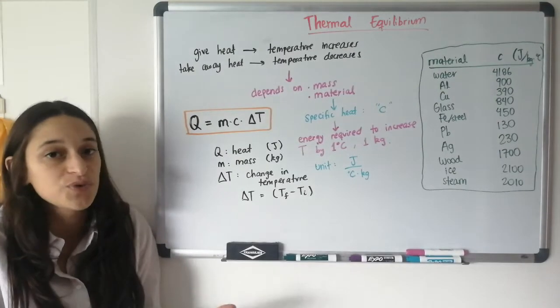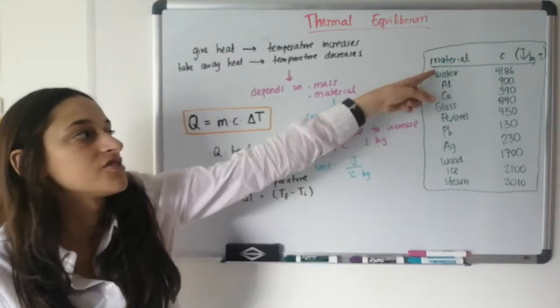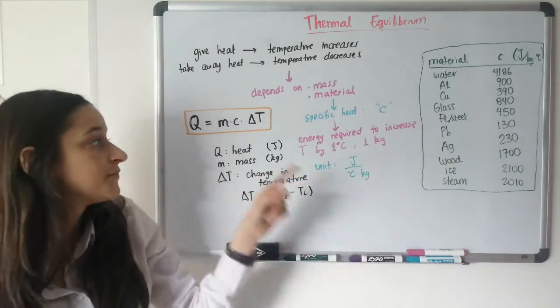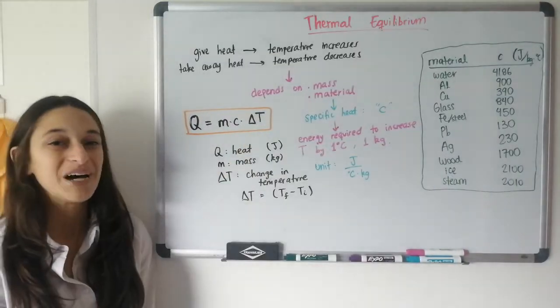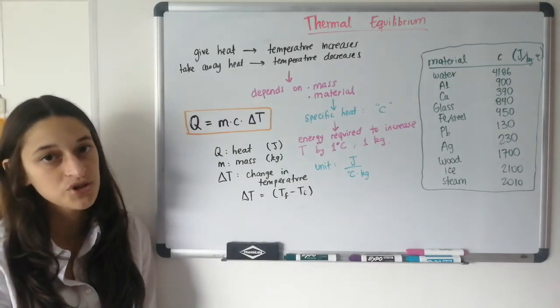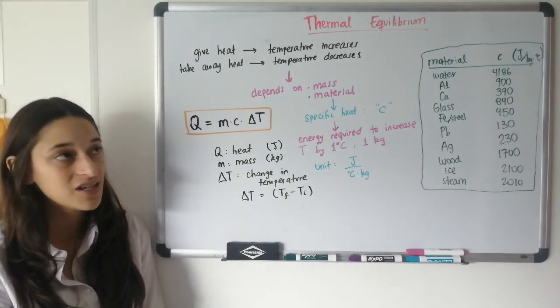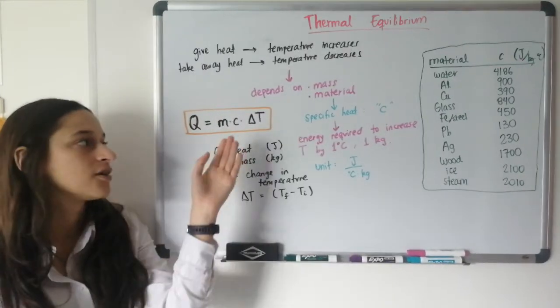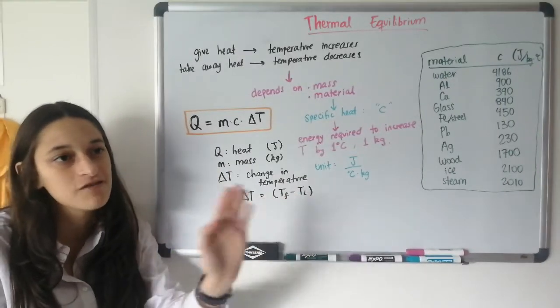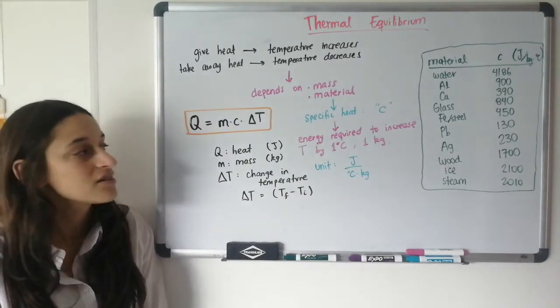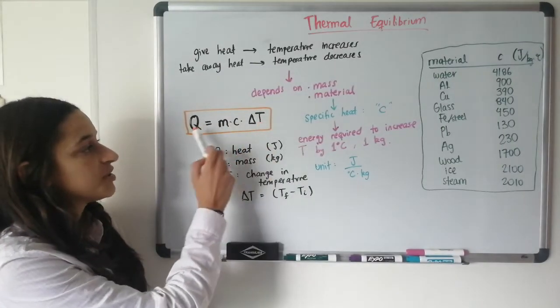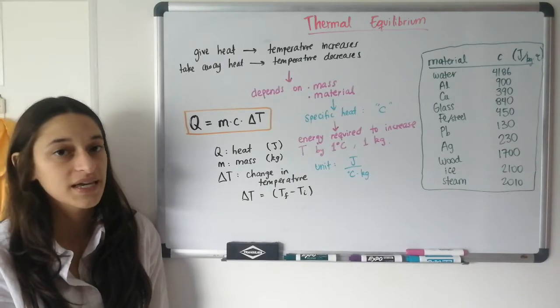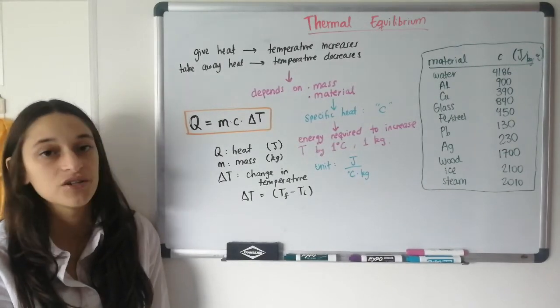C is what you want to heat up. If you want to heat up water, it's different than if you want to heat up wood. And delta T is by how much you want to change its temperature. Was it initially at 10 degrees and you want to heat it up to 90 degrees? Or do you just want to heat it up 1 degree, maybe from 85 to 86 degrees? Those are the three things that you put into the equation to get the heat that you need.